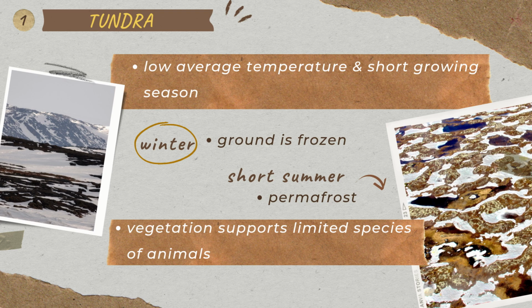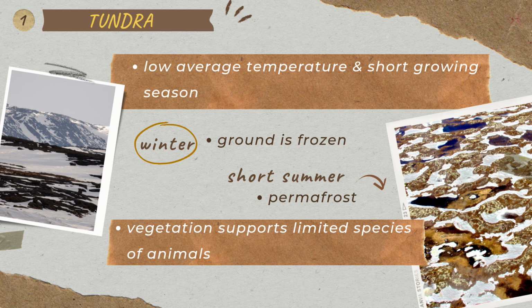Being the type of biome found within the North Pole, we can say that tundra experiences low average temperature and a short growing season. That's the reason why whenever it is winter there, which is most of the time, the ground is frozen. And during its short summer, the ground still has what we call permafrost, or bits of ice sheets within the ground.